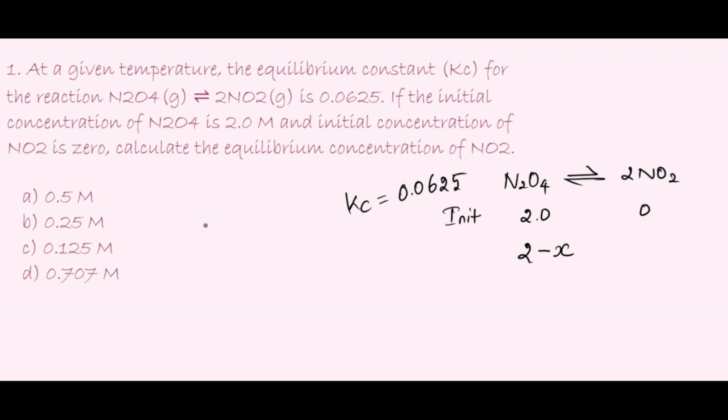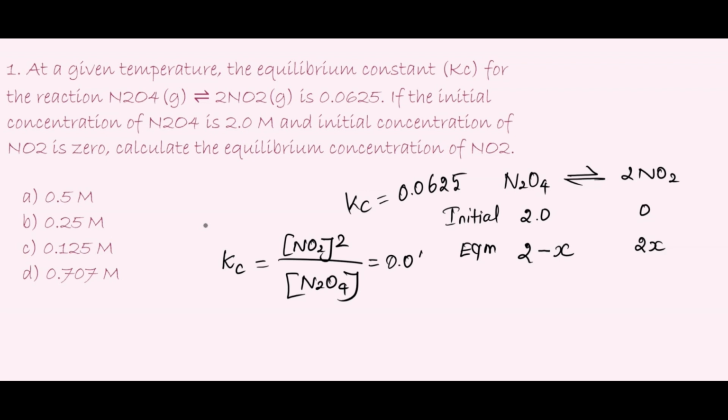It is initial, and it is at equilibrium. And what will happen to NO2? 2x will be formed as NO2. The reactant will give you the products. The Kc value they have given, so just substitute these things in the Kc equation. It is the product concentration divided by the reactant concentration, each raised to the power of its coefficient, which is given as 0.0625.